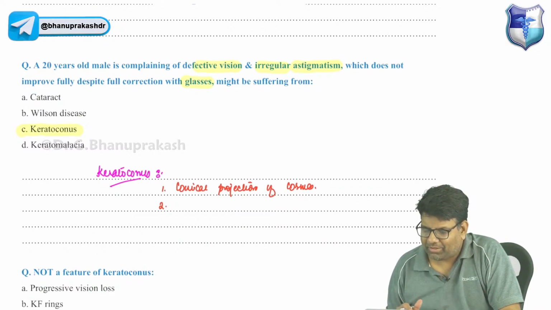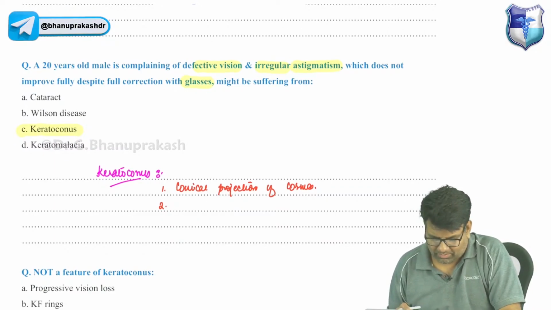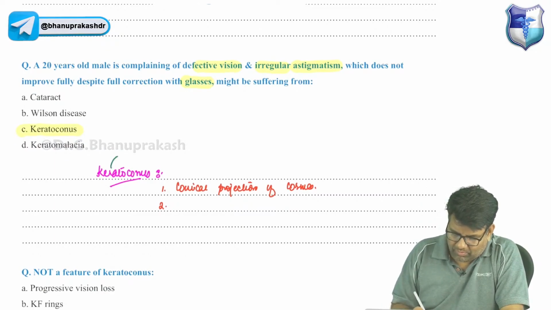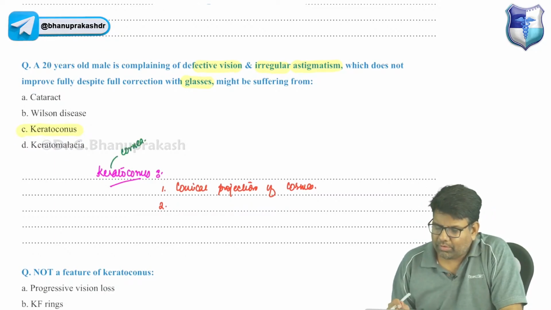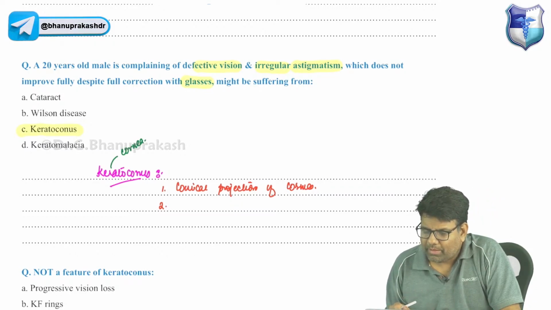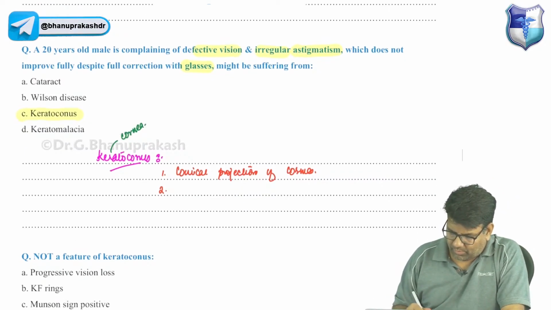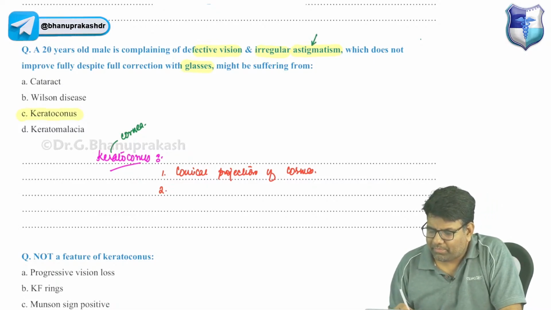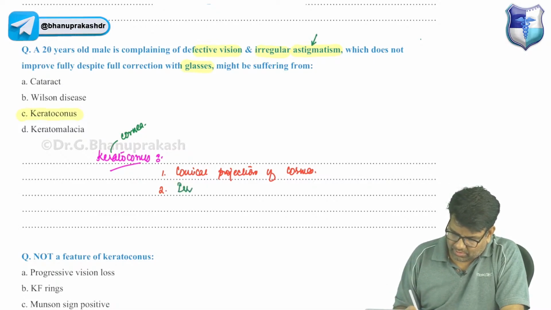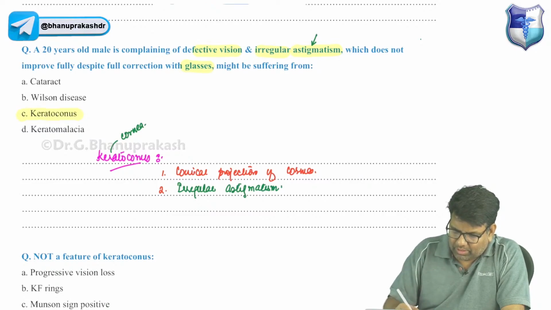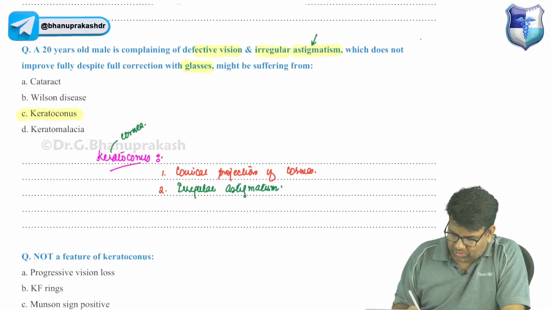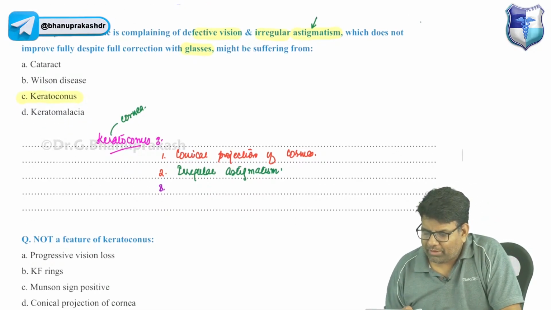Not lens, cornea, okay? And because of the change in the curvature, there will be irregular astigmatism. Then importantly, if you tell the patient to look down, what will happen?